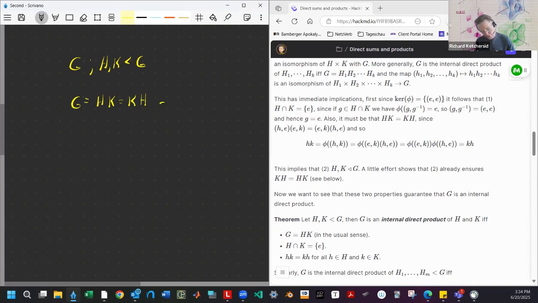And we have H intersect K, right, is equal to singleton E, just the identity element, right? So in that case, right, then the map, which is going from HK to HK, right, is an isomorphism.